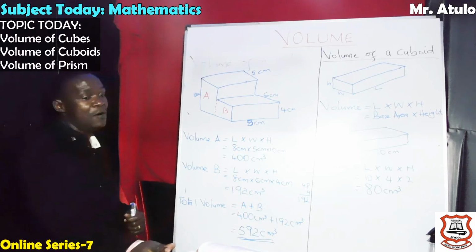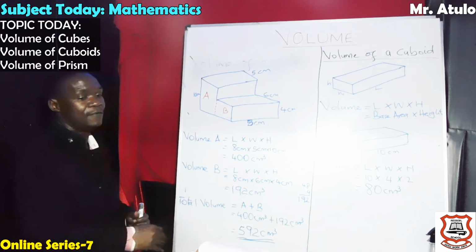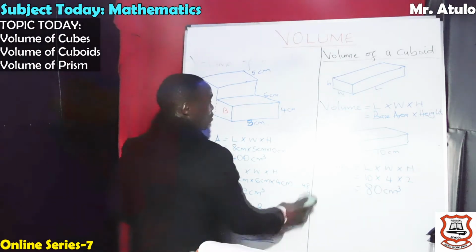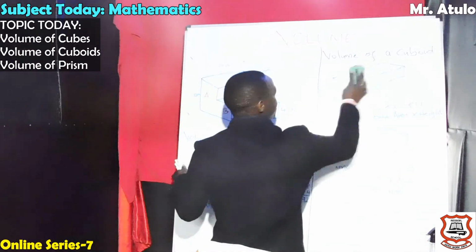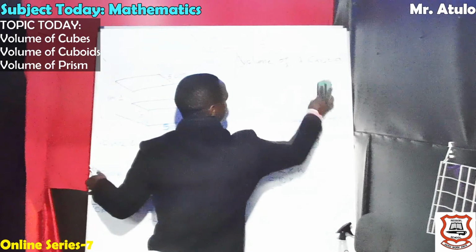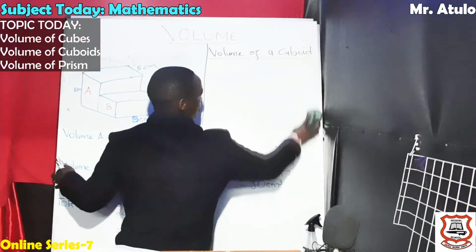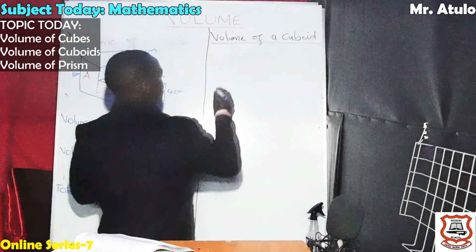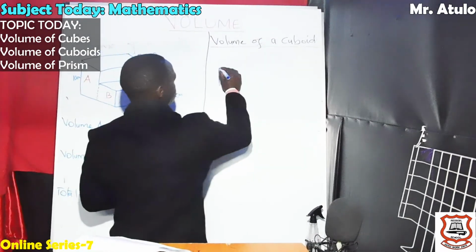I can now also talk about volume of a different shape, so that you also have a look at it and see if you can be able to attempt it. What about if you're given a shape like this?